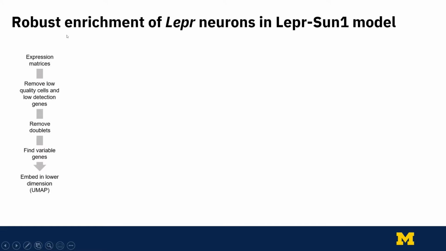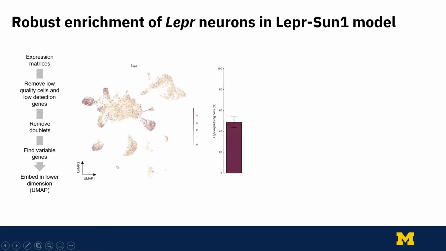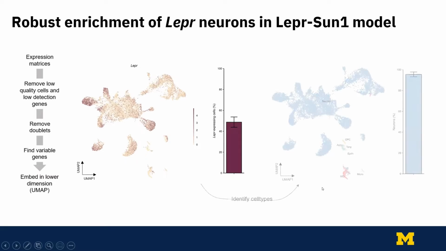Then we run the results through a standard analysis pipeline, which involves quality control and then embedding in a lower dimension, in this case UMAP. What you can see is that as opposed to about 1% of the cells expressing the leptin receptor, for all the cells we've collected, about half of them express the leptin receptor. So we're very strongly enriching for leptin receptor expressing cells.